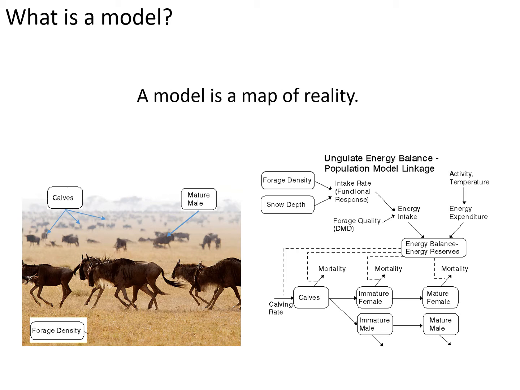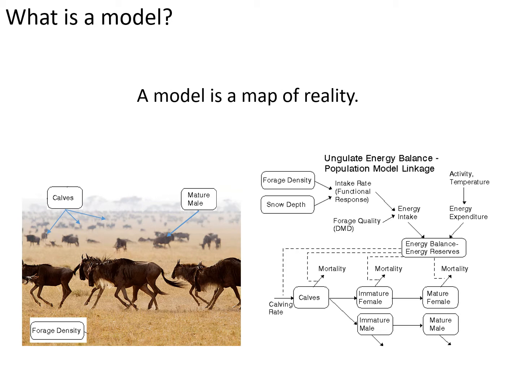So the plant cover, snow depth, which would control whether or not they could actually get to the foliage, and might also tell you something about how well the foliage is going to grow later in the year. And that would give you some idea of the available energy in the form of nutrients that the wildebeest could eat.